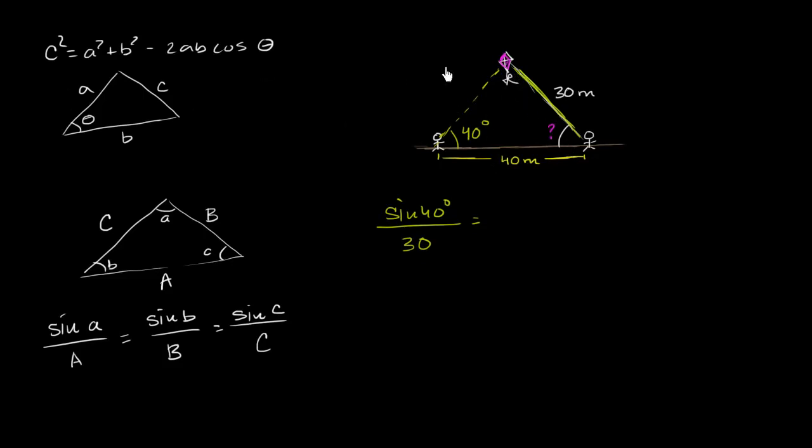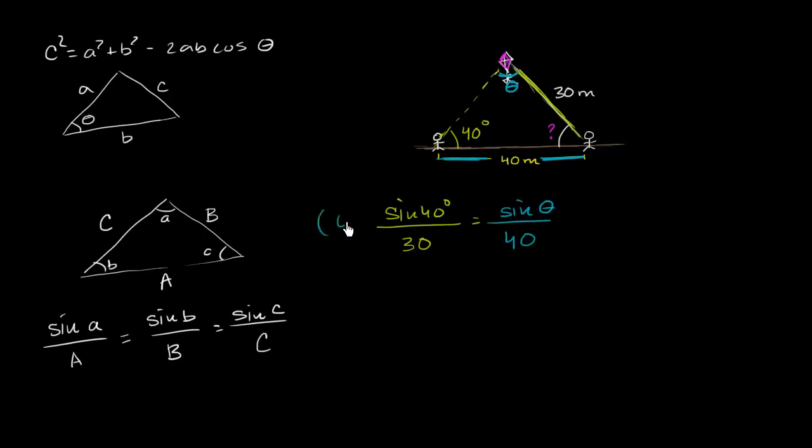So let's do that. Let's say that this angle right over here is theta. We know this distance right over here is 40 meters. So we could say that the sine of theta over 40, this ratio, is going to be the same as the sine of 40 over 30. And now we can just solve for theta.